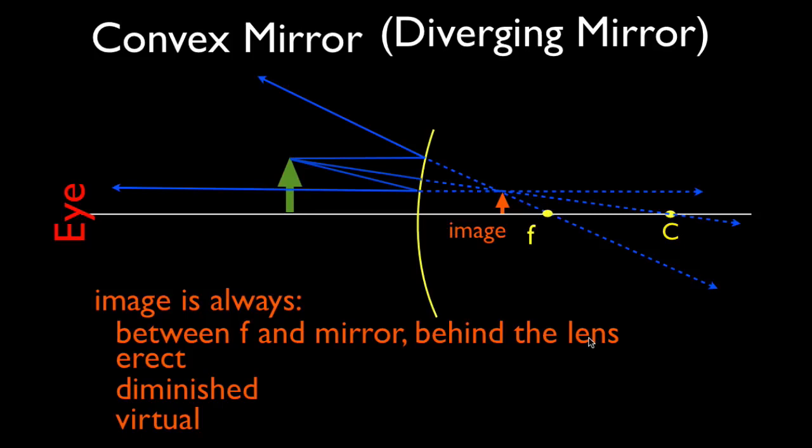But for the concave lens and the convex mirror, there's only one case, because regardless of where we put the object, the image will always be between F and the mirror. It'll always be erect, it'll always be smaller, and it will always be a virtual image.